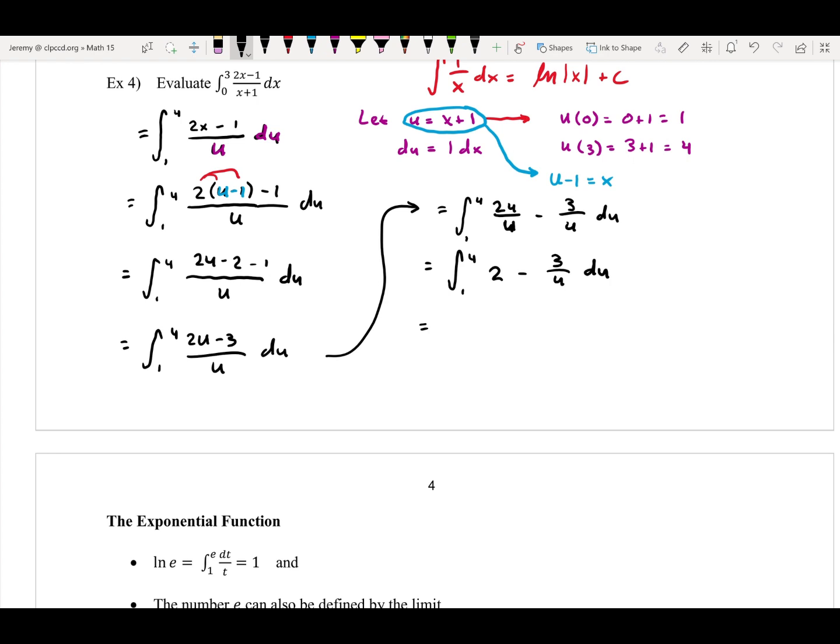So going term by term, this first term of 2, remember the antiderivative is just going to be 2u. And the second term, minus 3 times the antiderivative of 1 over u, which we now know is the natural log of u. So this is going to be 3 times the natural log of u, and we are evaluating this from 1 to 4.